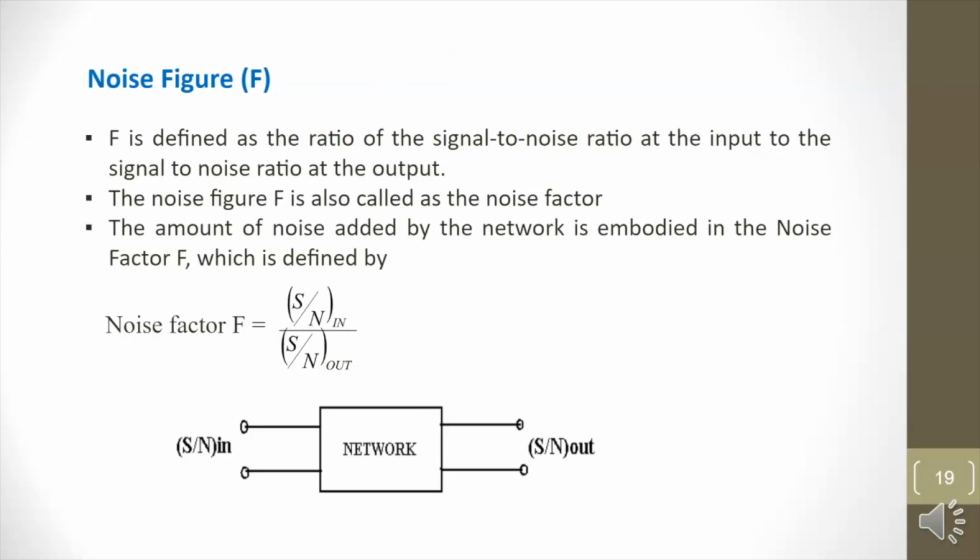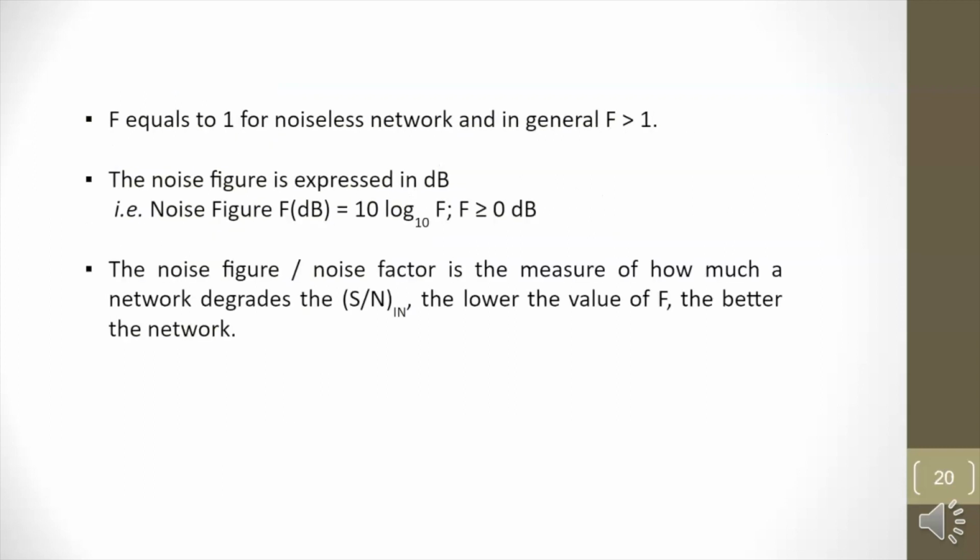Noise figure, denoted by F, is defined as the ratio of the signal to noise ratio at the input to the signal to noise ratio at the output of the system. The noise figure is also called the noise factor. It indicates that the amount of noise added by the network is embodied in the noise factor F, which is defined by F = SNR at the input / SNR at the output.